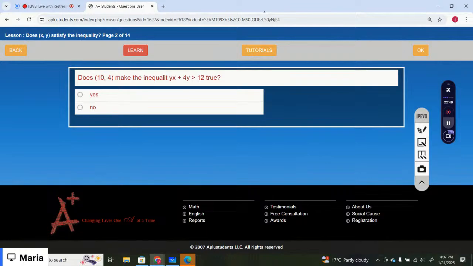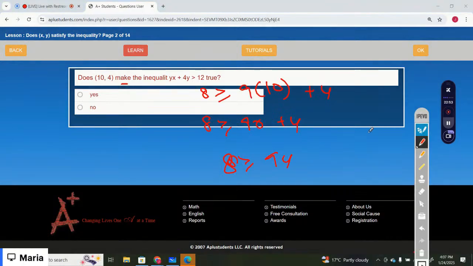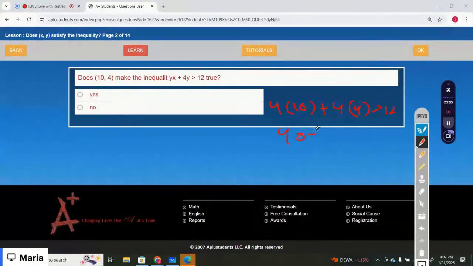Does (10, 4) make the inequality 4x plus 4y greater than or equal to 12? Let's just see. X is 10 and y is 4. 40 plus 16 makes 56. 56 is greater than 12.